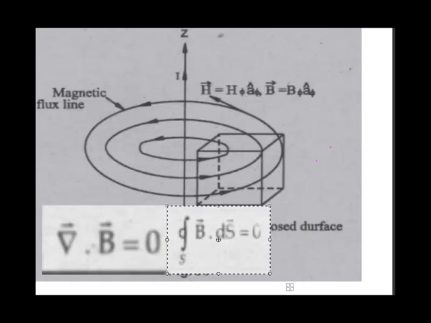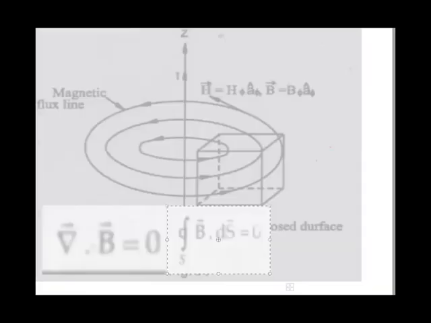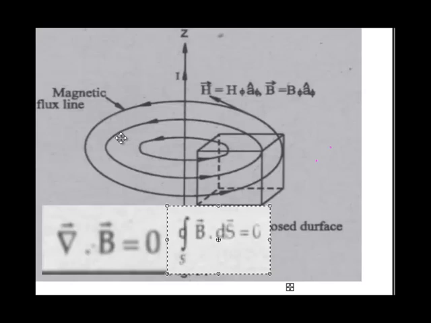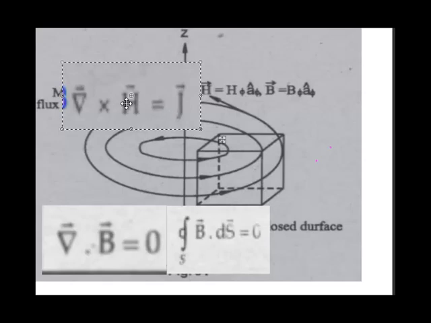We studied del cross H at the start of this session. We have studied that del cross H gives you the current density. This is the formula: del cross H is the current density. This is the differential form, which has del.